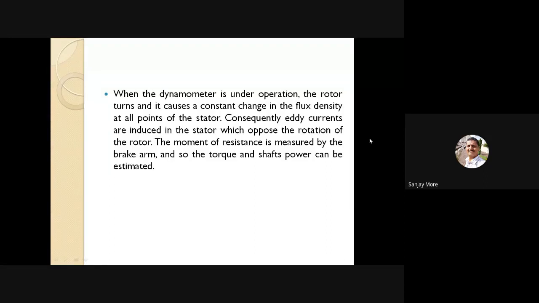Here, the dynamometer operates with the help of eddy current. These eddy currents oppose the rotation of the rotor, which means they apply a braking effect. The resistance is measured with the help of the braking system to measure the torque and shaft power of the engine.